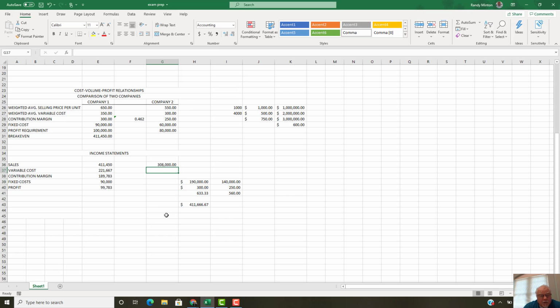And so now if I take my variable cost, which is 560 units times my $300 in variable costs per unit, I get that. If I subtract one from the other, I get 140,000.